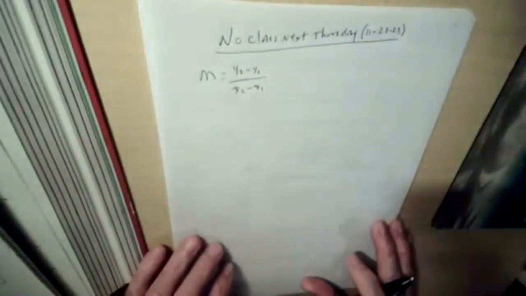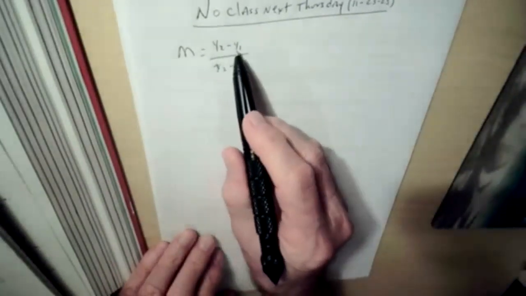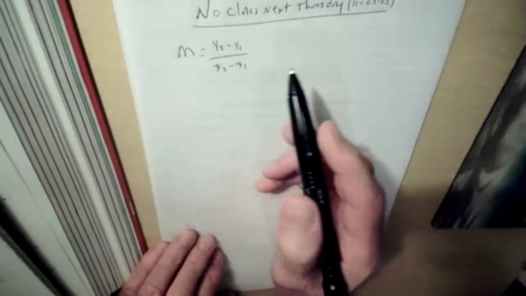And it's y2 minus y1 over x2 minus x1. Okay, y2 minus y1 over x2 minus x1.